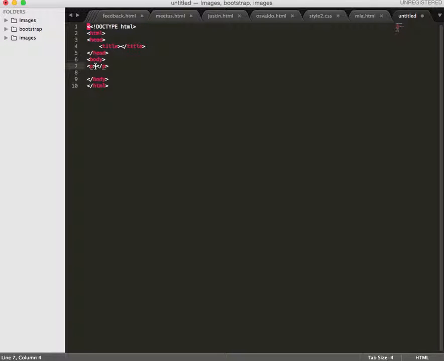A tag is a name surrounded by angle brackets. So you may hear a p tag, h1 tag, body tag, or HTML tag. It's just basically naming them and giving them characteristics.